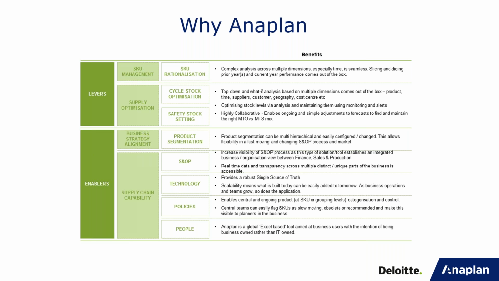So have some science and some data around why different products are performing well or not, and bring those into your conversations. And lastly, around your supply chain capabilities. Our Anaplan app and the whole Anaplan S&OP process altogether really supports uplifting your supply chain capability.